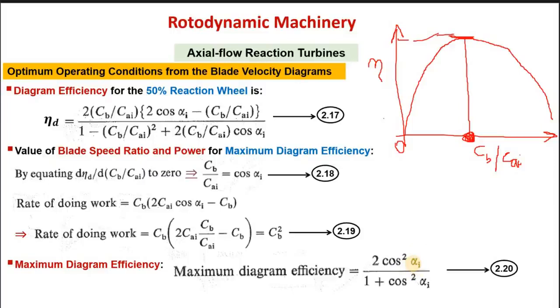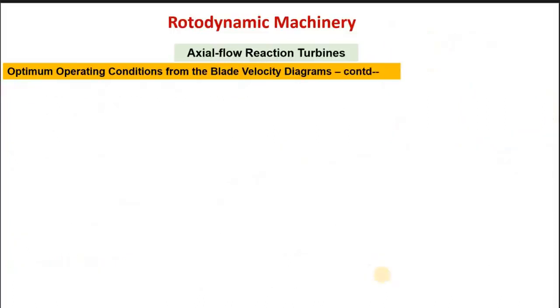But the situation will be different for different alphas other than 0, because we know alpha is not taken as 0. It is normally chosen between 10 to 30 degree. So for other values of alpha I, the maximum possible efficiency for the case of impulse and reaction turbine will be different because this equation is different. But for alpha equal to 0, the maximum possible is 1.